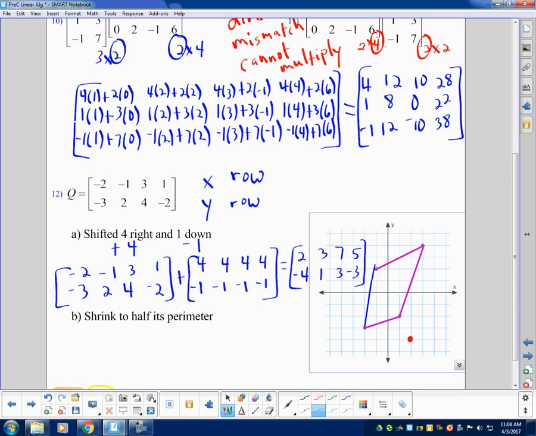So there's a new coordinate. 3, 1. 7, 3. Somewhere up here. And then 5, -3. Doesn't quite look right because I couldn't go over quite enough, but that is my shifted matrix.